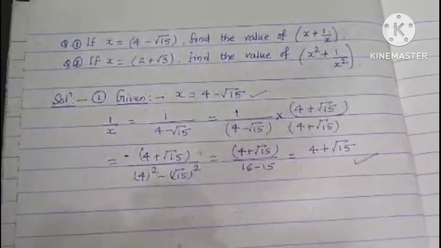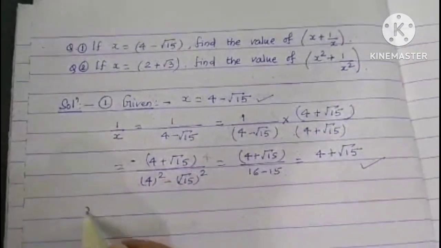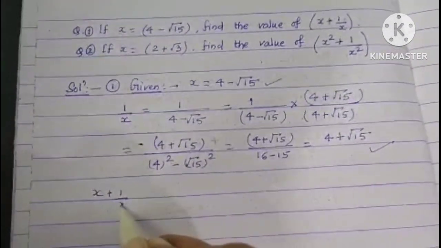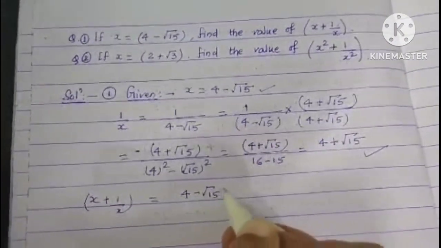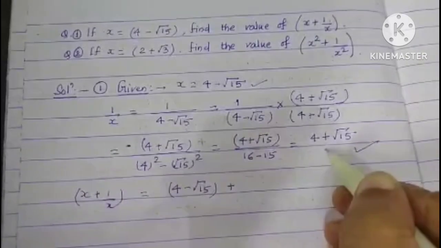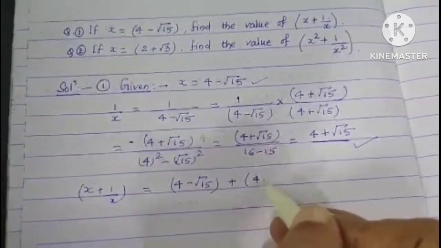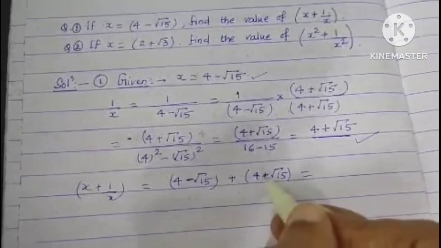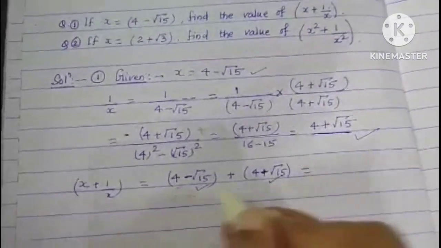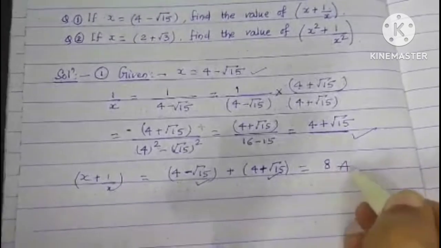Now 1 by x is equal to this. Now we have to find x plus 1 by x. So x plus 1 by x will be equal to 4 minus root 15 plus 4 plus root 15. The minus and plus will cancel out, and 4 plus 4 equals 8. So the answer will be 8.